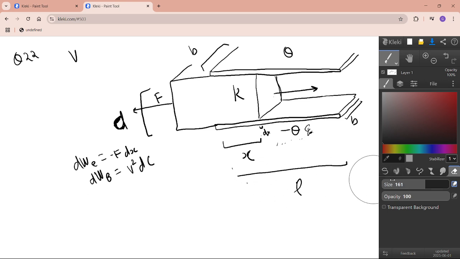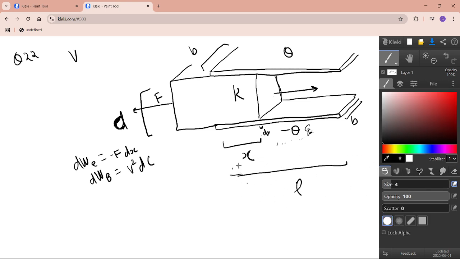You can say the system is making electric fields. See, the electric fields are taken as internal.